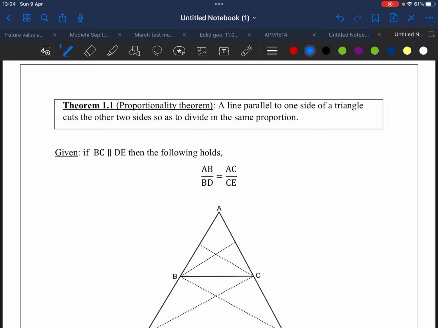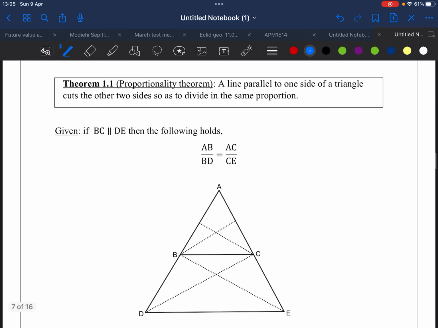What do we mean by that? Please pause the video and think about this definition for a second. So I hope you have paused the video and thought about this definition. We say the line parallel to one side of a triangle cuts the other two sides so as to divide them in the same proportion.